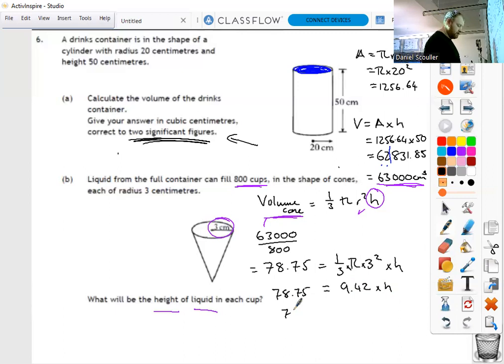So 78.75 divided by 9.42 is going to equal h. Getting an answer of 8.4 centimeters equals h.